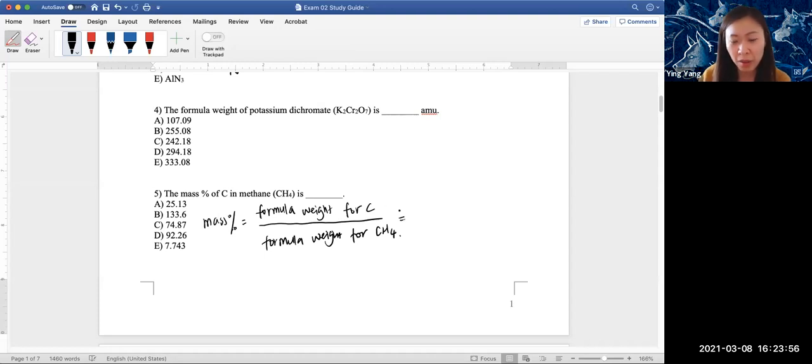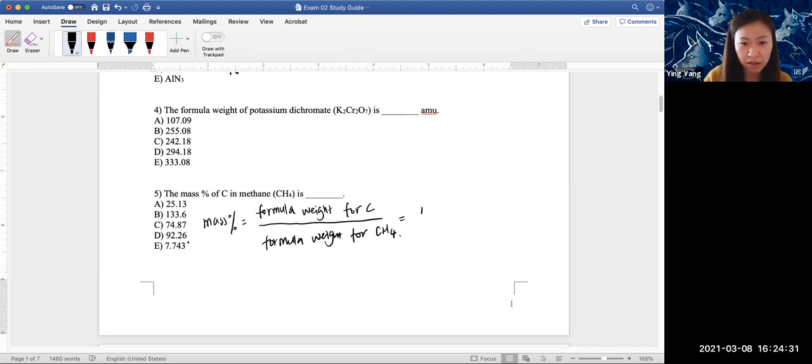So here, formula weight for carbon, and then you go to your periodic table. That's why I said you need to print this out. You go to the periodic table in this formula sheet, and you find carbon in the second row, and you find its atomic weight at the bottom of that symbol, right?